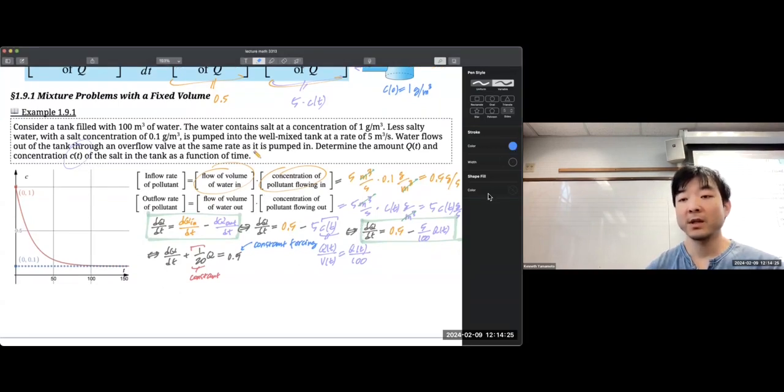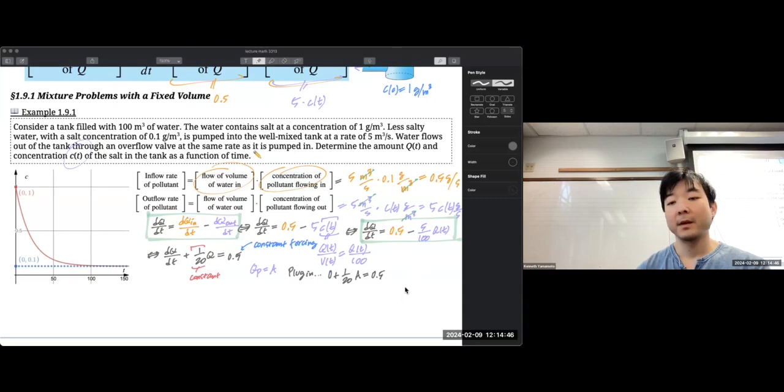We'll say the particular solution is Q P equal to some constant A. Plug this in. The derivative of a constant is 0, plus 1 over 20 times A is equal to 0.5. Multiply by 20 on both sides, but half of 20 is 10, so therefore A is 10.